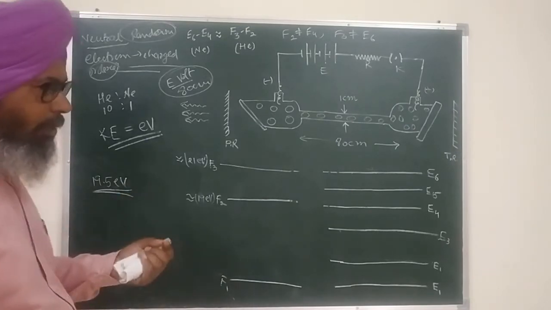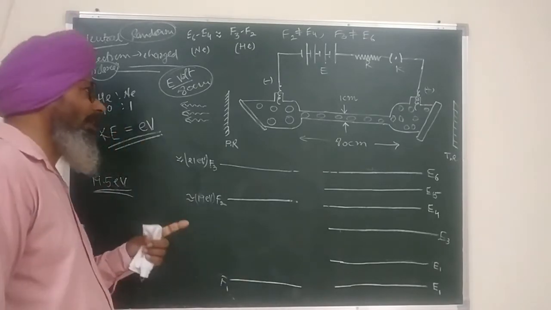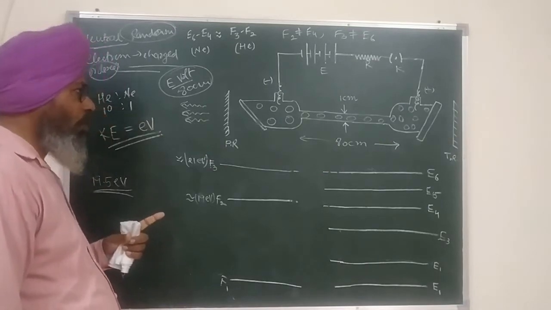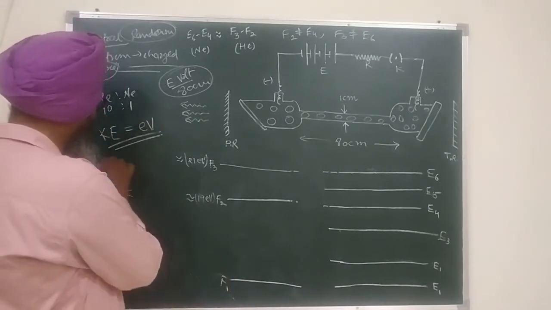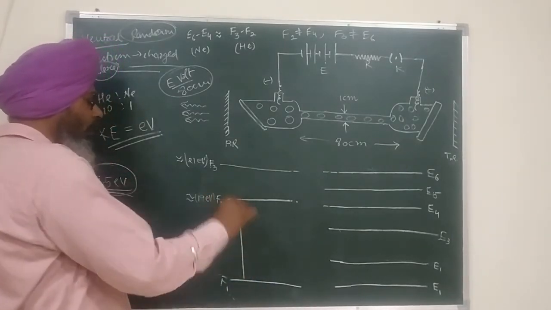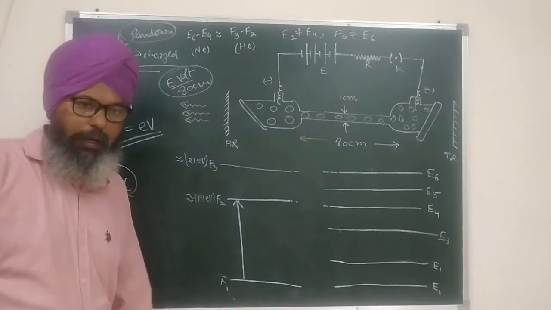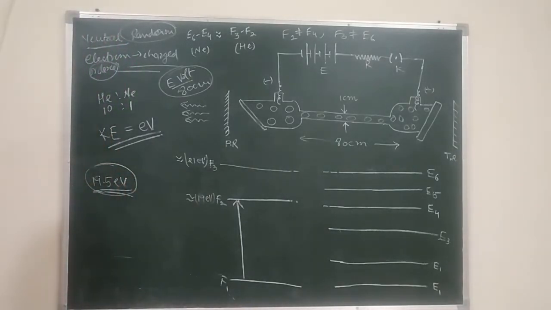Let us say my favorable collision is that the electron must collide with the helium atom. When it collides with the helium atom, what will happen? The 19 electron volt energy will take the electron of the helium atom from F1 to F2, and what is going to happen to the 0.5 eV energy?